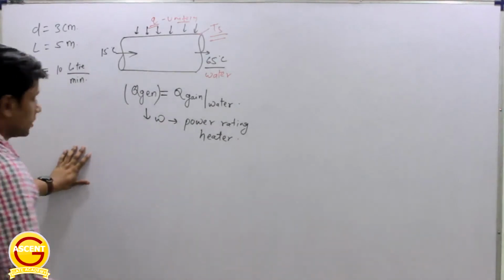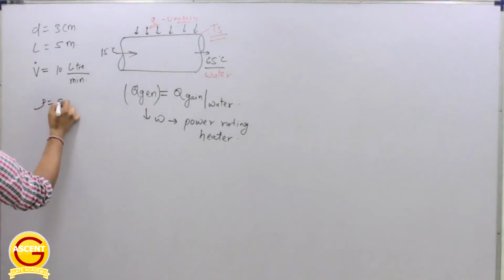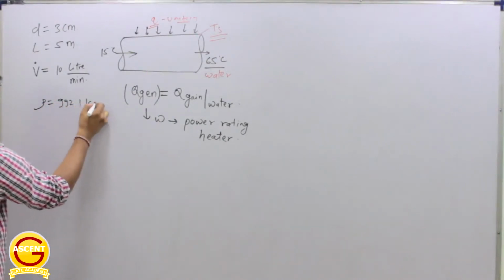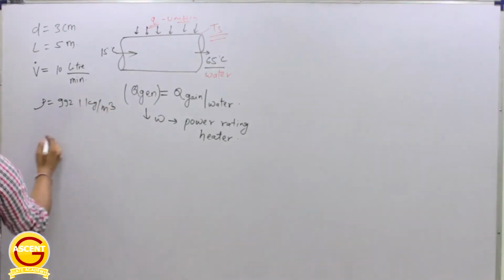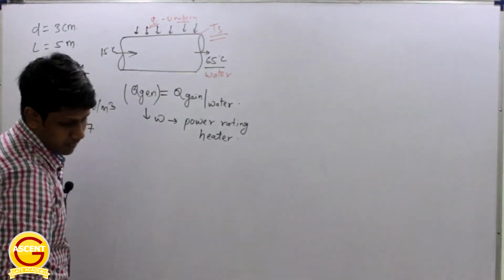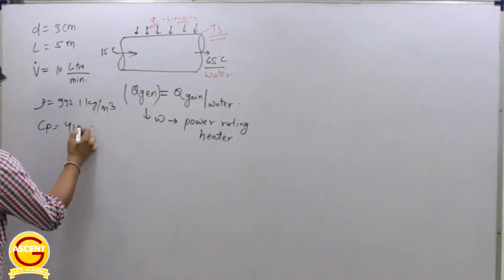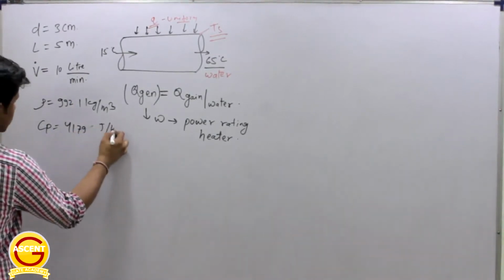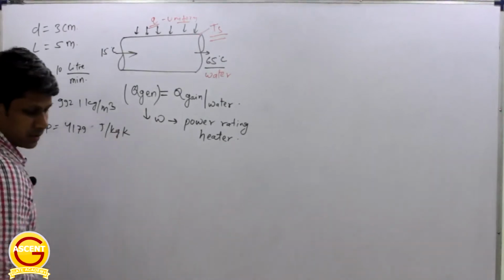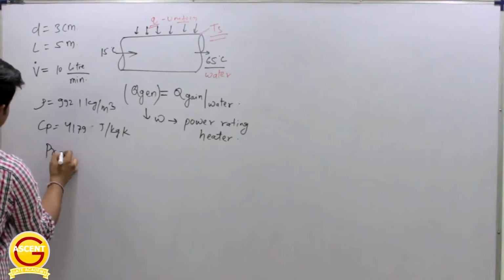First of all, let's write down all the given values. So density is given as 992.1 kg per meter cube. Specific heat of water is given as 4179 joules per kg Kelvin, and also he has given the Prandtl number, it is 4.32.